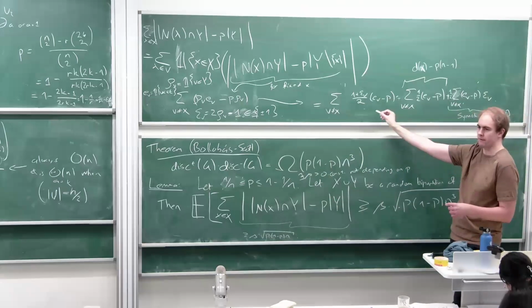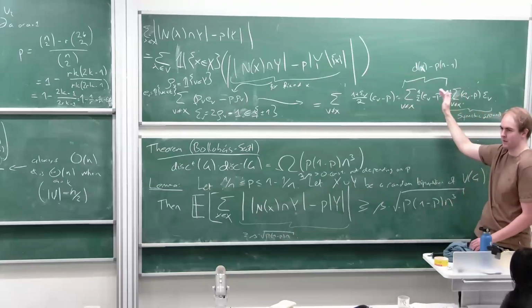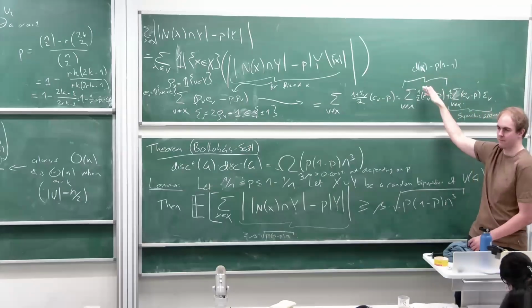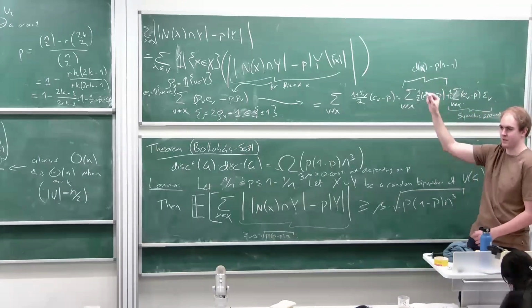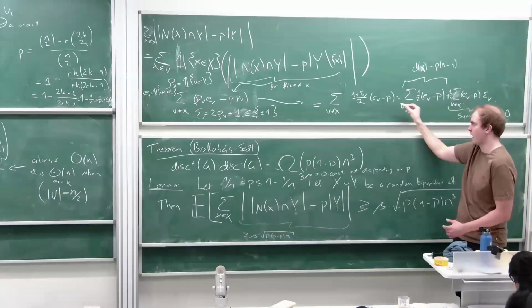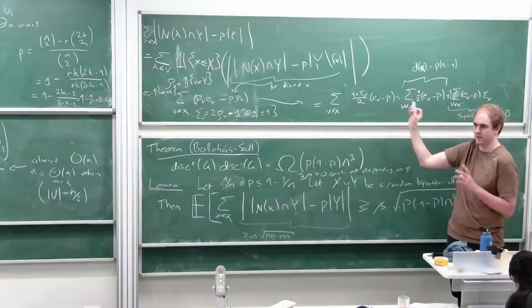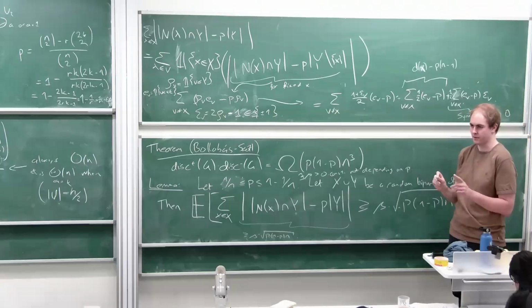If the degree deviation is already large, we can just ignore this bit, because it's a large constant plus some random variable which has a distribution symmetric around origin. So the expectation of the absolute value of this is at least this constant. That's a useful bound if the degree deviation is large.